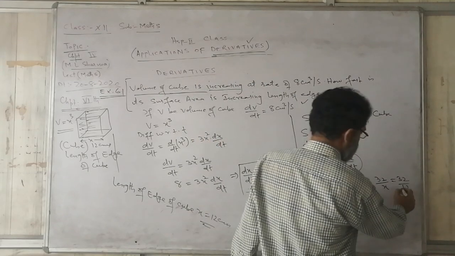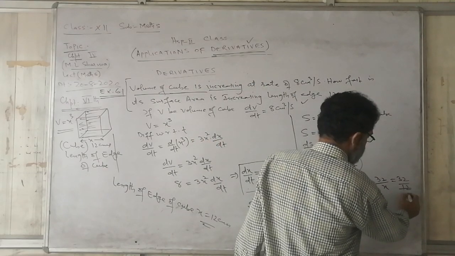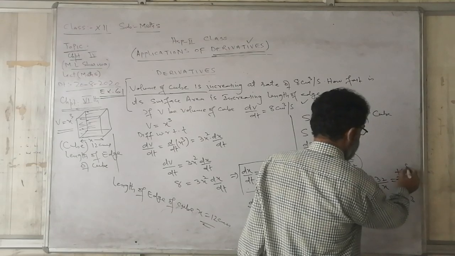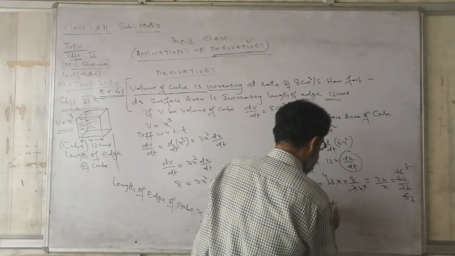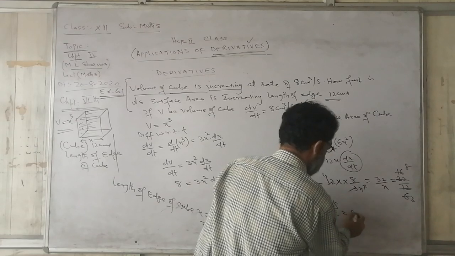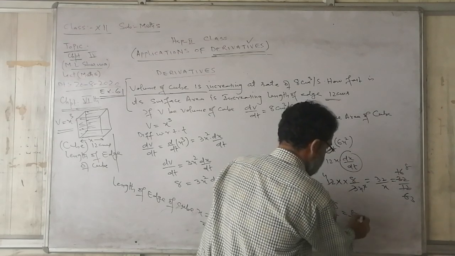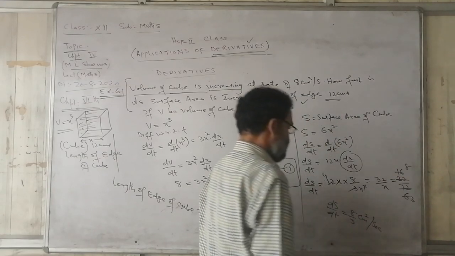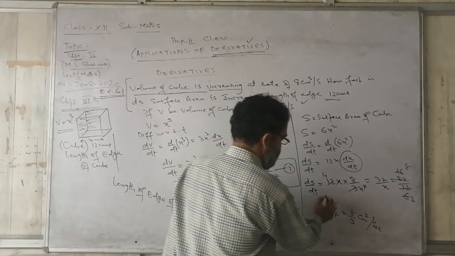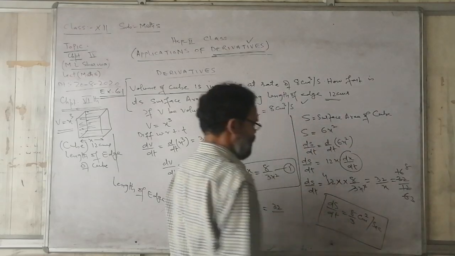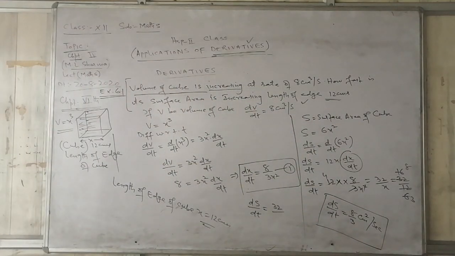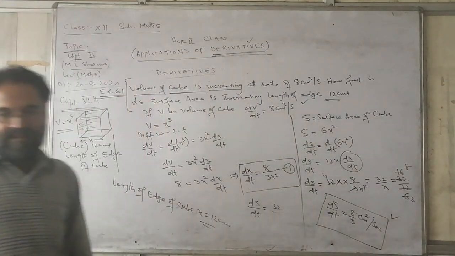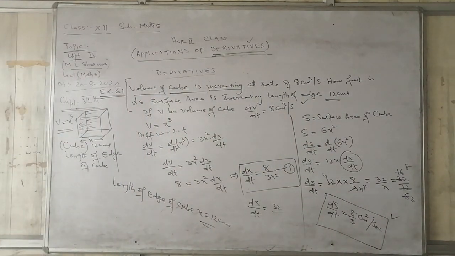So this becomes 8 upon 3. So dS upon dt is equal to 8 upon 3 centimeter square per second. So that means the surface area of the given cube will increase at this rate. So this is how this question was to be solved.